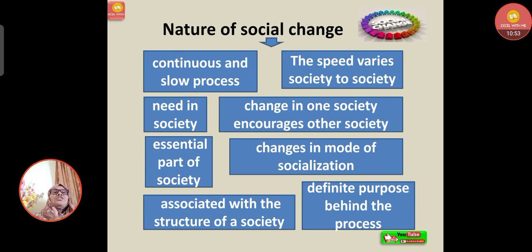In attempting to achieve goals, he or she brings about certain social changes. This indicates that there is a definite purpose behind the process of social change. Then when individuals are concerned with the modification in status and role, stress and strain are produced in them and thereby social change takes place.